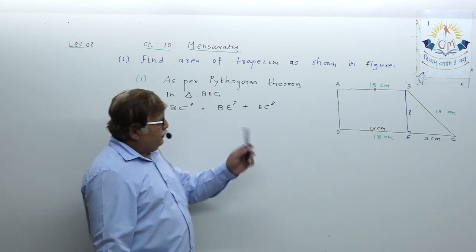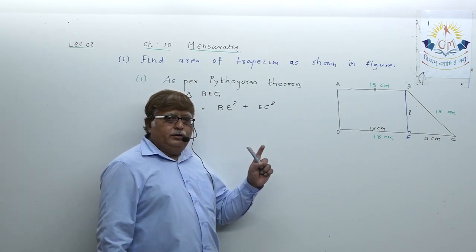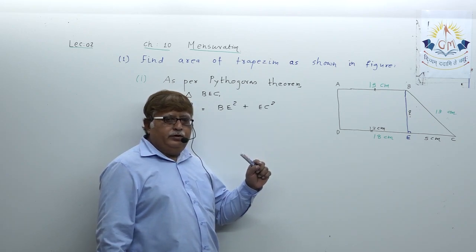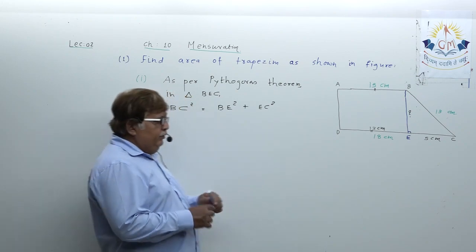Understand? Here in triangle BEC, BC is the hypotenuse. So BC square equals BE square plus EC square.